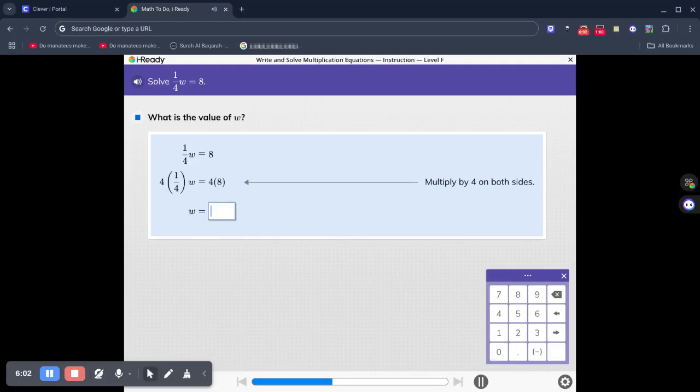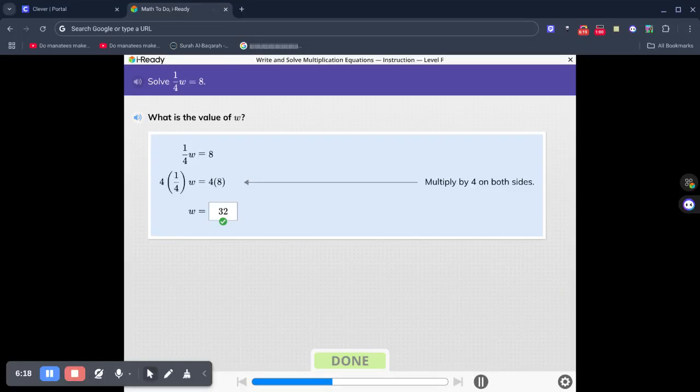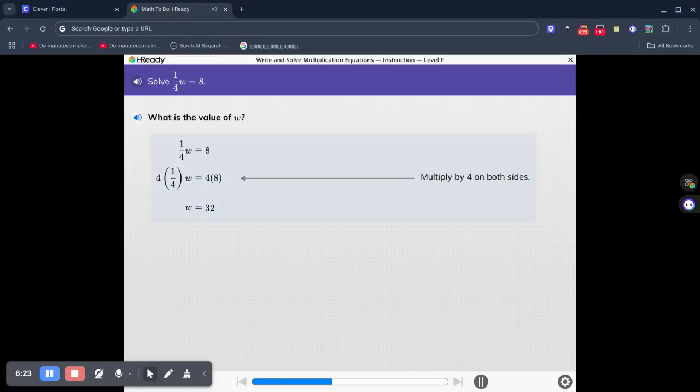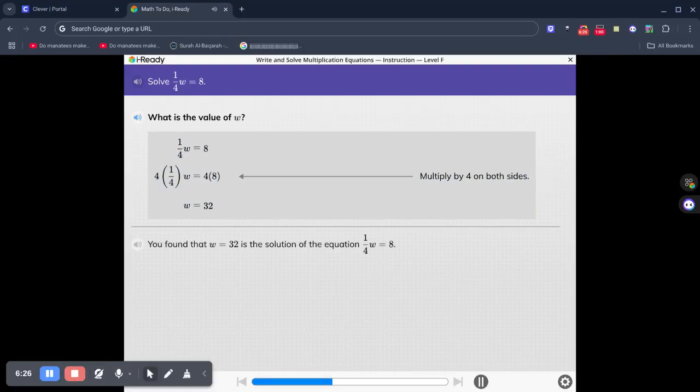What is the value of w? Nice. You found that w equals 32 is the solution of the equation 1/4 w equals 8. This value of w makes the equation true.